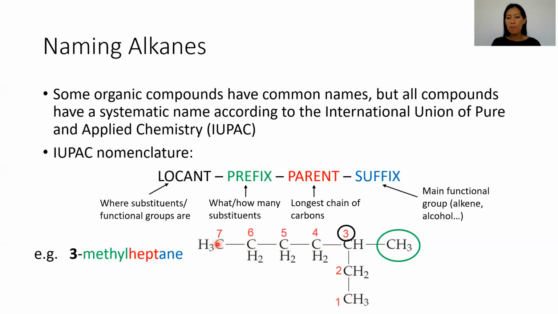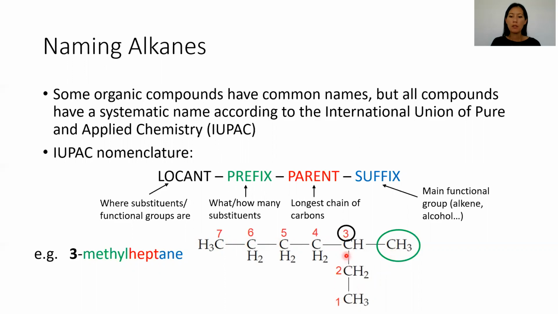You want to number so that you're closest to the nearest branch point of a substituent. The reason is that it gives the substituent the lowest possible number. So if I number down here 1, 2, 3, it gives this methyl substituent a 3 number. If I went the other way, 1, 2, 3, 4, 5, it would have given it 5.